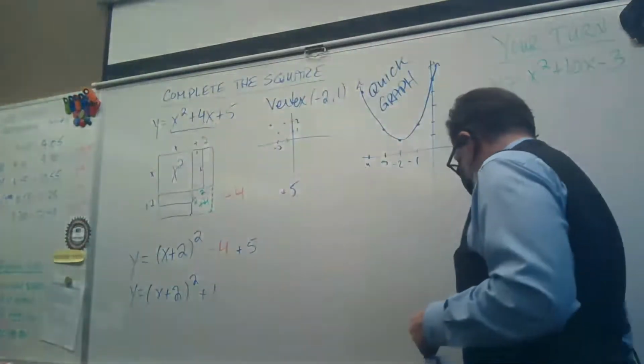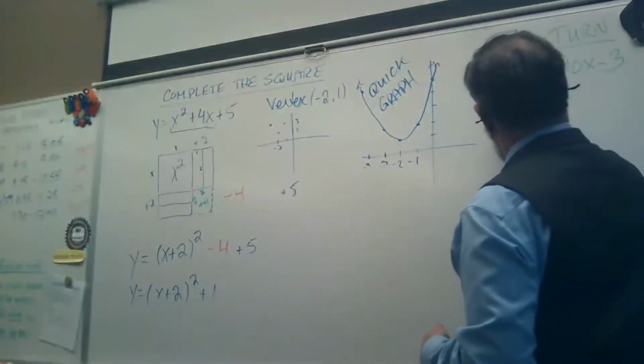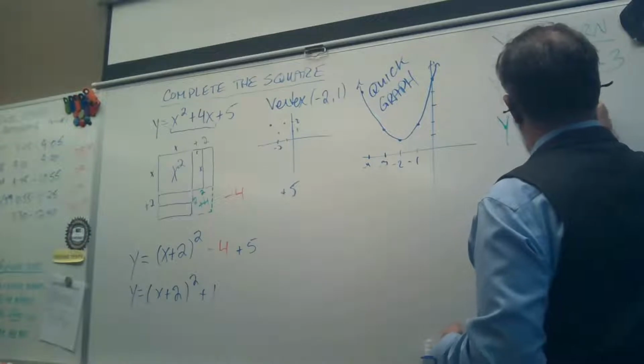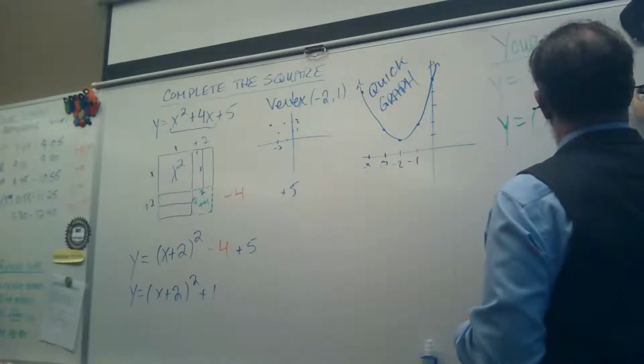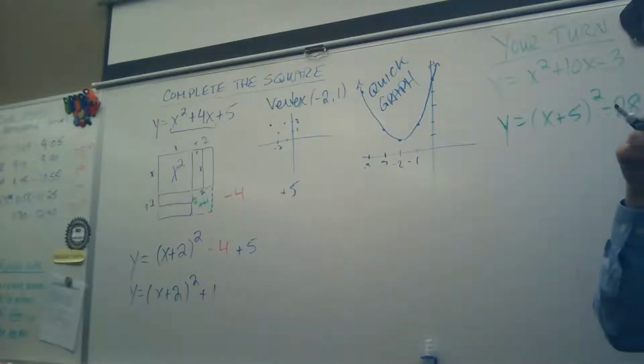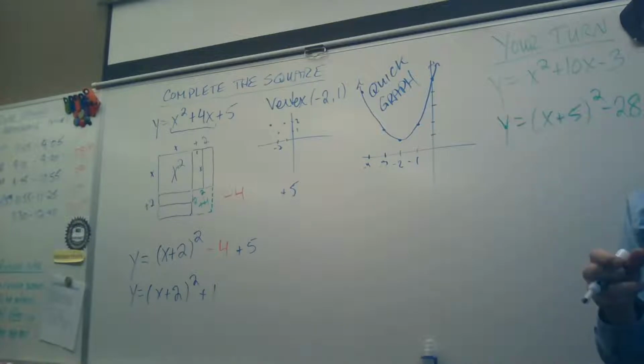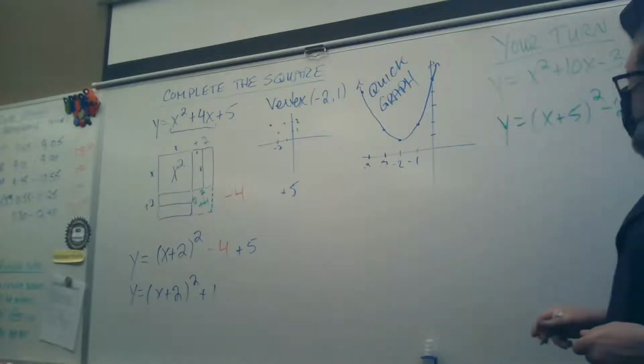Give me an equation in vertex form for this quadratic. We good with that? Remember, 5 by 5 isn't 10. It's 5 times 5, which is 25. So that bottom corner, you're always multiplying.